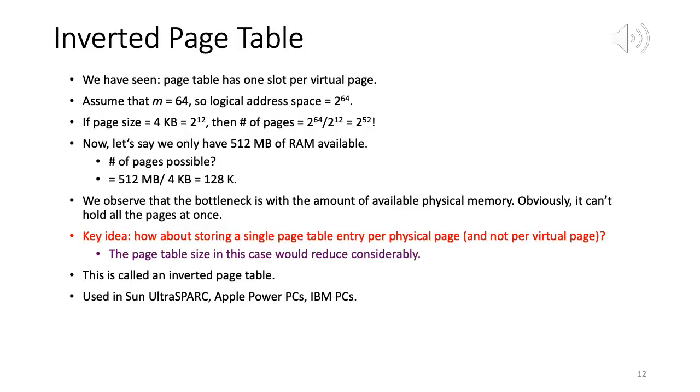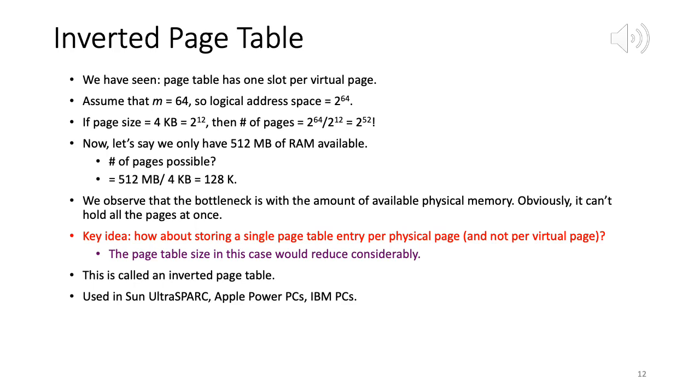Okay, so now let us talk about inverted page tables. So here, what is the issue with the regular page tables? If you look at the structure, we see that those page tables have one slot per virtual page, right?